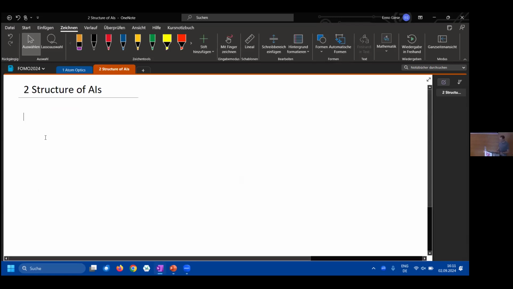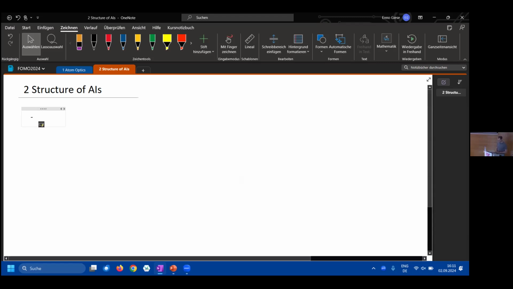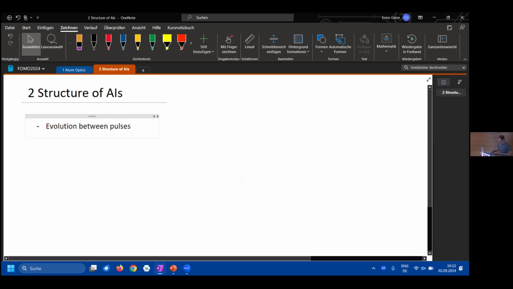So we understood what's happening during the pulses. Let's now talk about the time evolution between pulses. I'm going to zoom in.